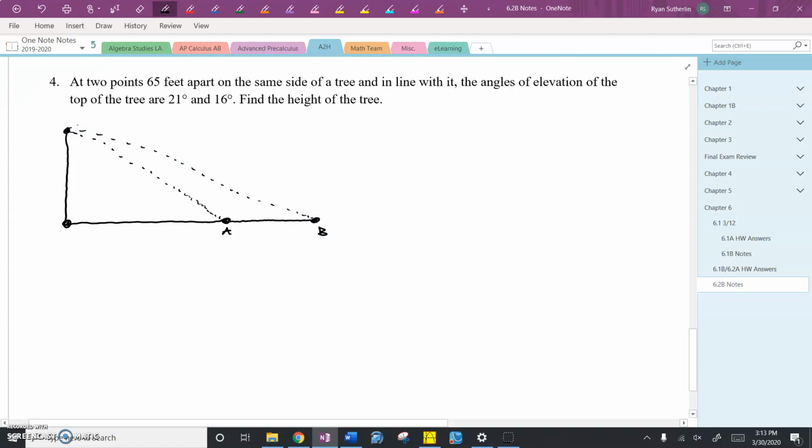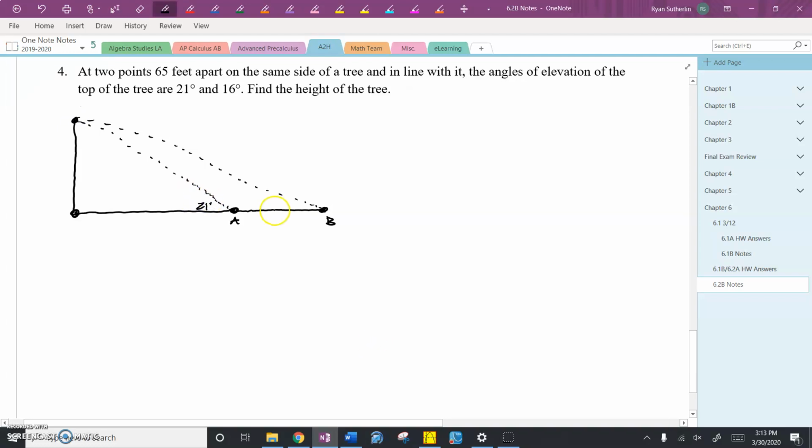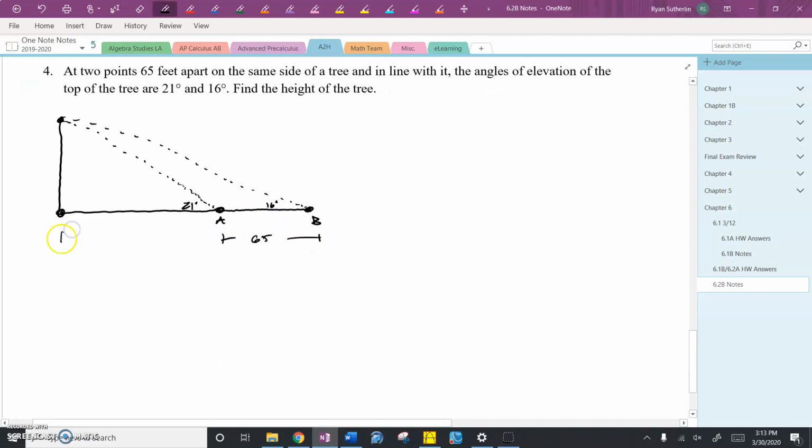Well, the angle is going to be steeper here at A, so that's the 21 degrees, which makes this the 16 degrees. We know this distance is 65. I'm going to call this x for the horizontal distance, and again, I'm going to call the height y.